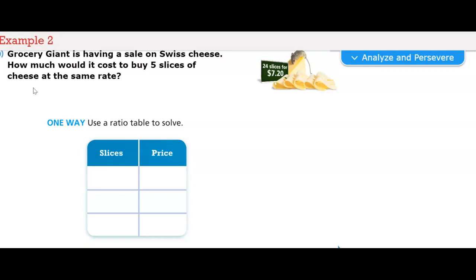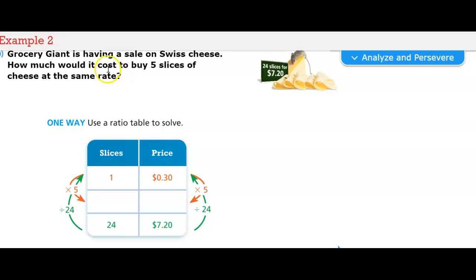It shows us that we have 24 slices for $7.20. You add the $7.20 for the 24 slices in the table. And if you want to find the unit rate of the cost, you divide by 24, so you get the cost per 1 slice. Then you have each slice at 30 cents.